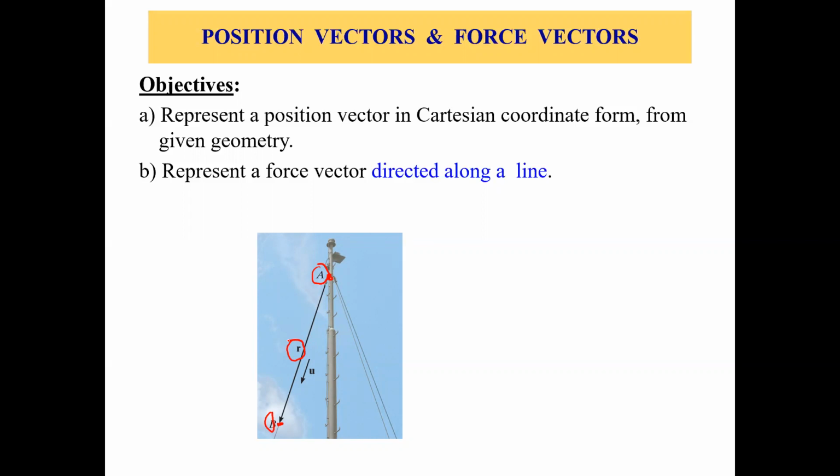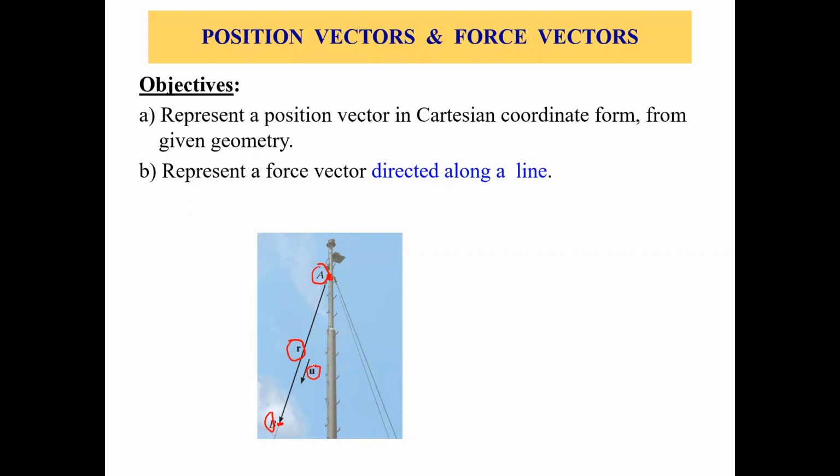And then we have this guy U. We know what U is, right? Small u, it's a unit vector giving us the direction. So we'll talk about this. So this was just the introduction about the position vector.